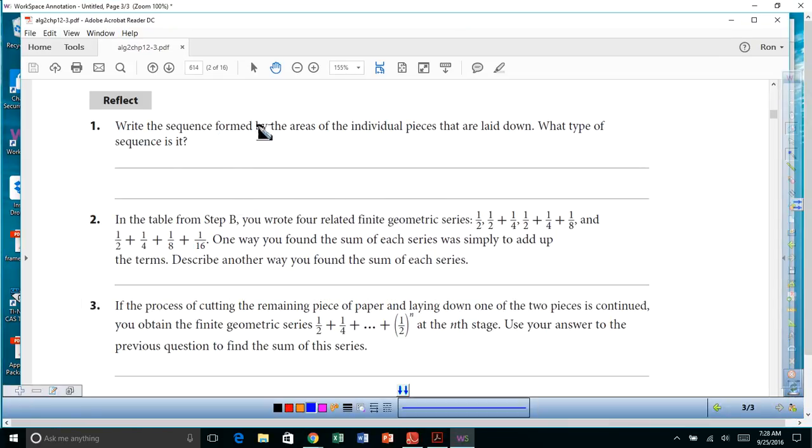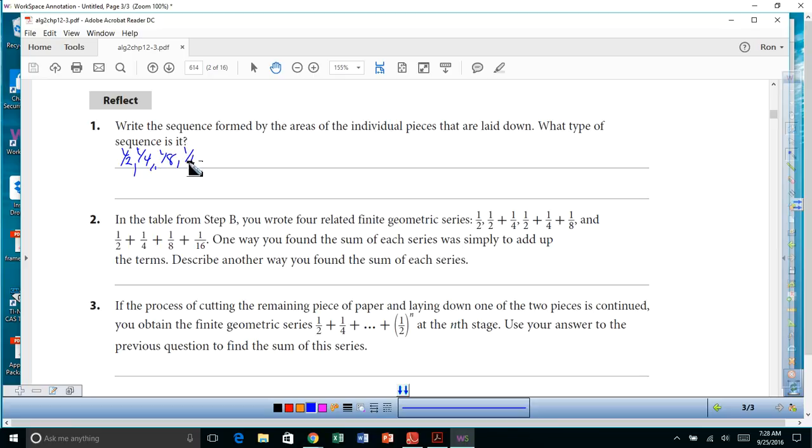Write the sequence formed by the area of the individual pieces that are laid down. What type of sequence is it? Well, what was the first piece that we laid down? That was 1/2. And then the next size was 1/4. And then the next size was 1/8.